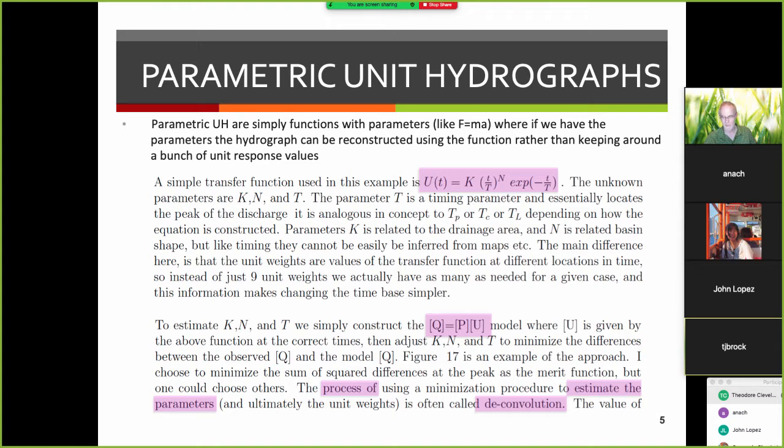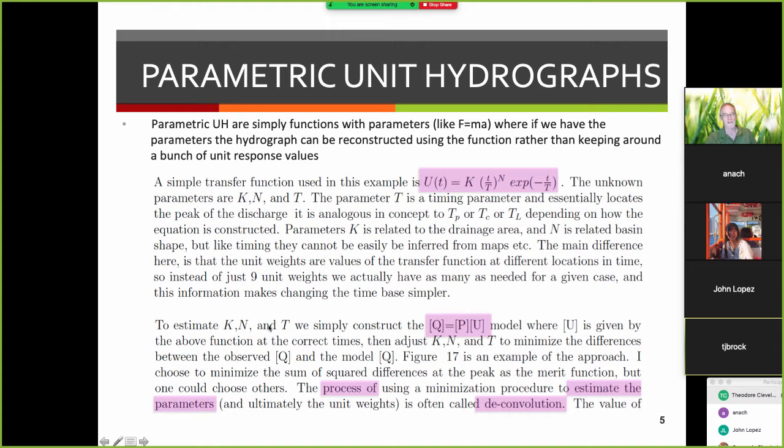So going from a 9 time unit information structure to 14 to 24 to 200 is simple because nothing changes. All it is that we're calculating these unit weights further out in time based on this function.